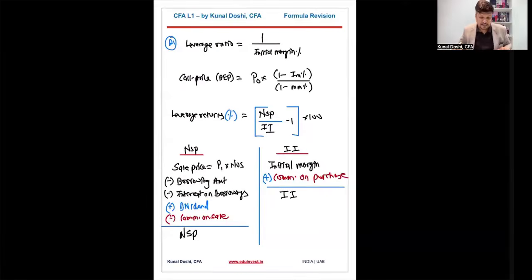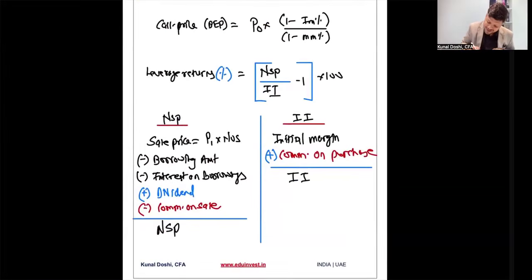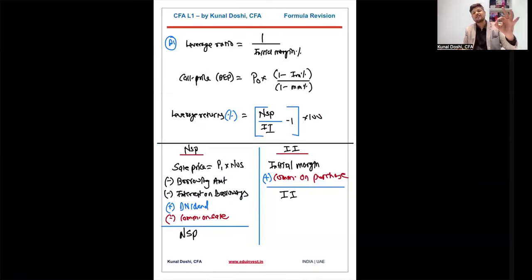This is my homemade recipe, guys. This is not the official formula, but I am pretty much sure that this will cover every component that goes into leverage returns. Clear, everyone? Understood? Return. I'll write the components.